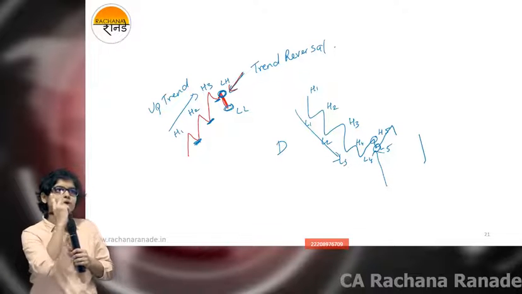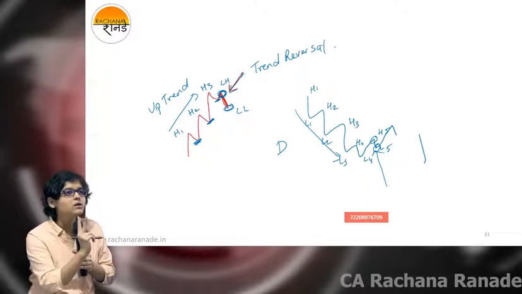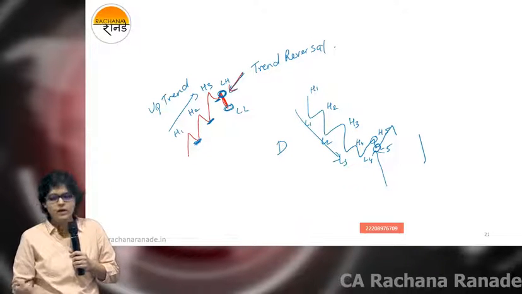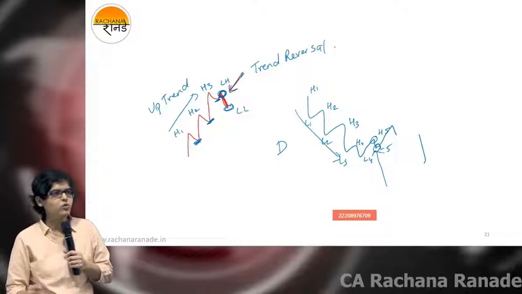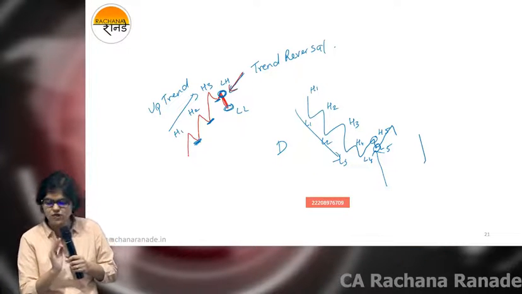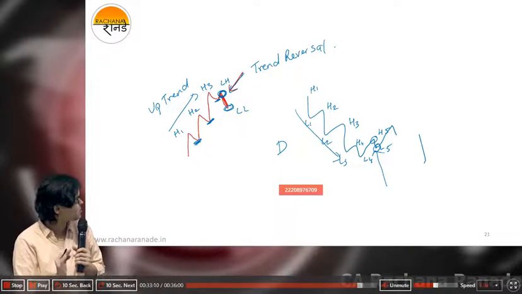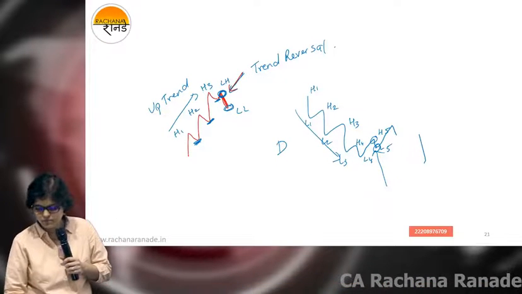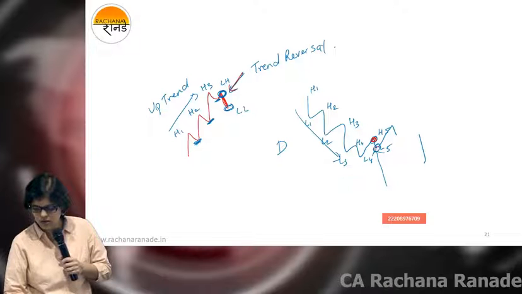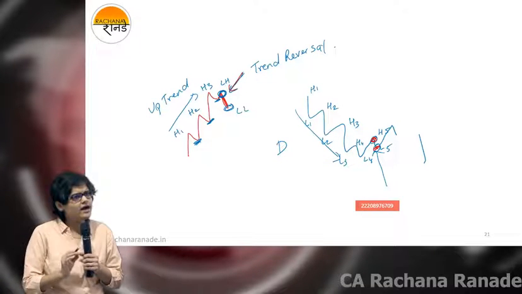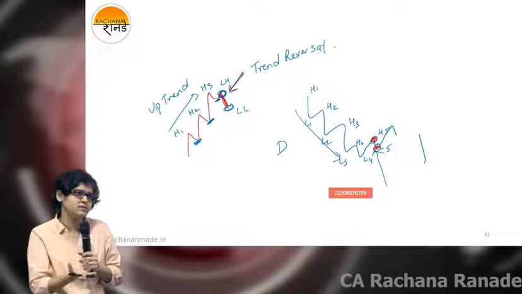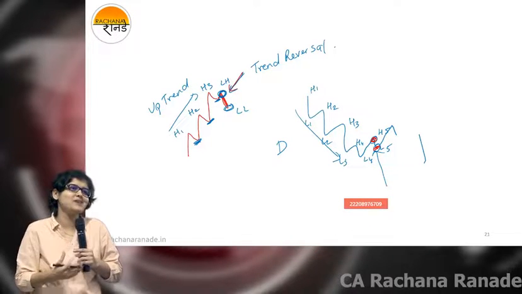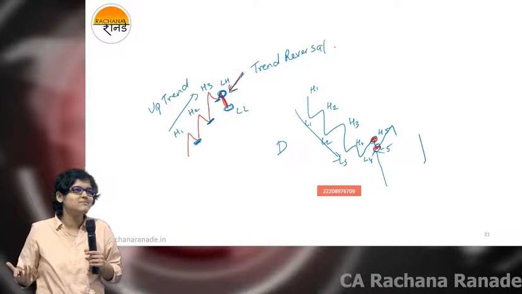And if you're going for H6, you took a double confirmation. The one who took a position at H5 and L5, is he at a higher risk as compared to you? Yes. But is he also at a higher profitability position as compared to you? Yes. So it's a high risk, high return category.